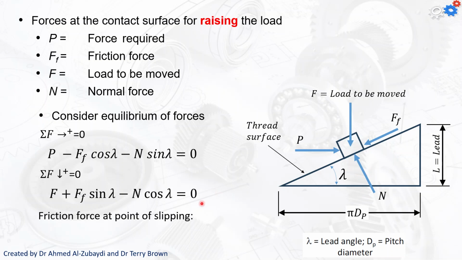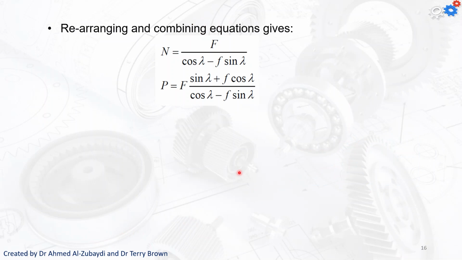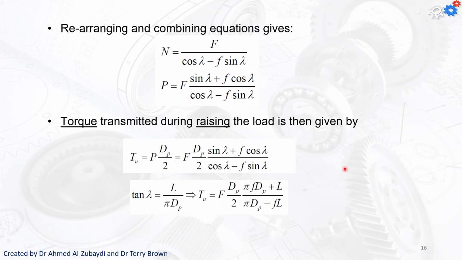Okay, so if we consider friction at the point of slipping, then we will have the familiar friction equation. Friction force is equal to the coefficient of friction times the normal reaction force. If we take those, rearrange them, do a bit of algebra, we get these expressions here. Then if we look at the torque, the torque is the force times the radius, and we can substitute in a little bit more.